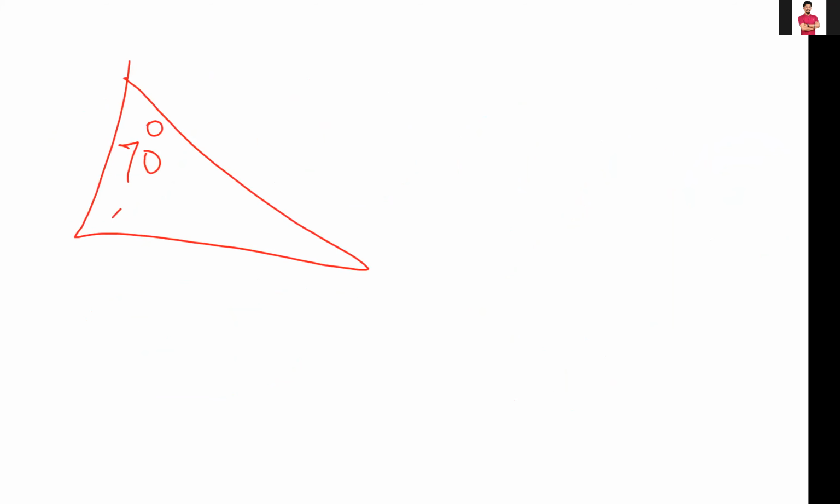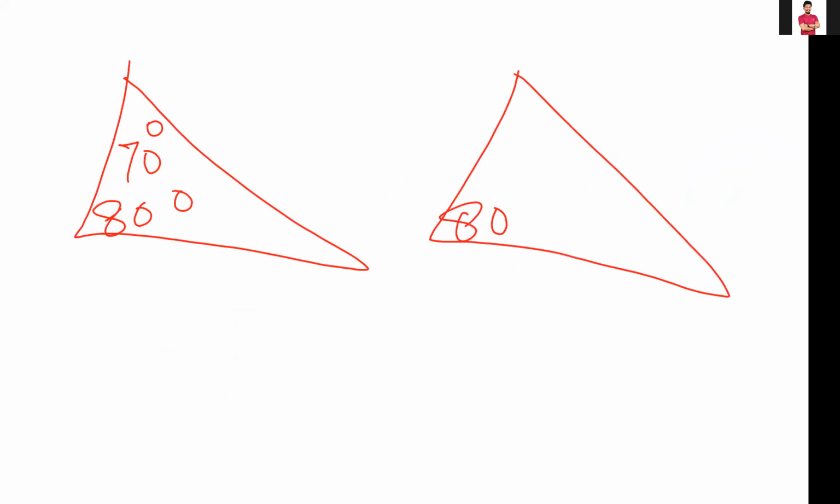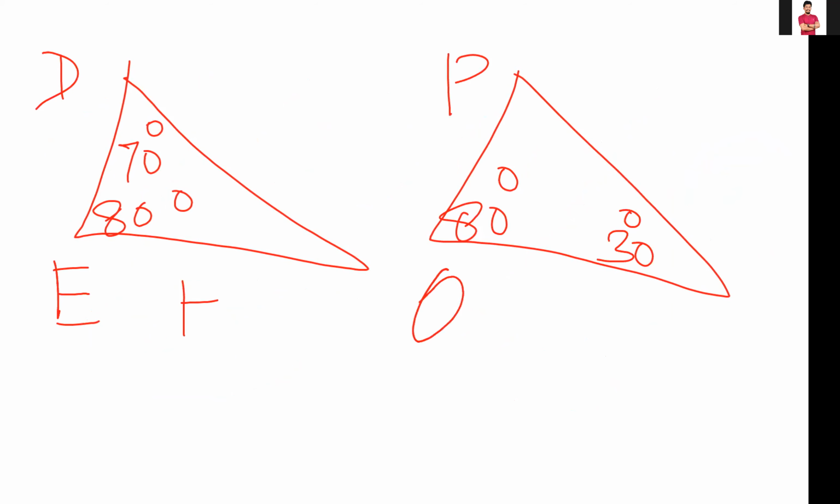Okay. In a similar way, tell me this one. This is 70 degrees. This is 80 degrees. This is 80 degrees. This is 30 degrees. Both are similar by the AAA test, right?